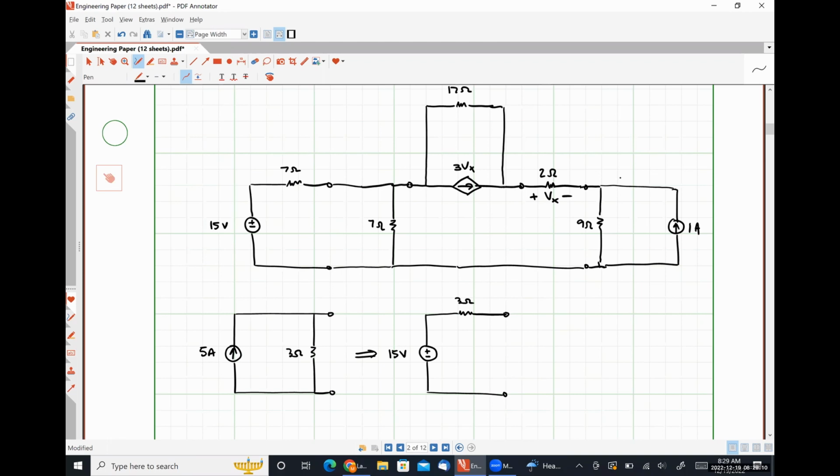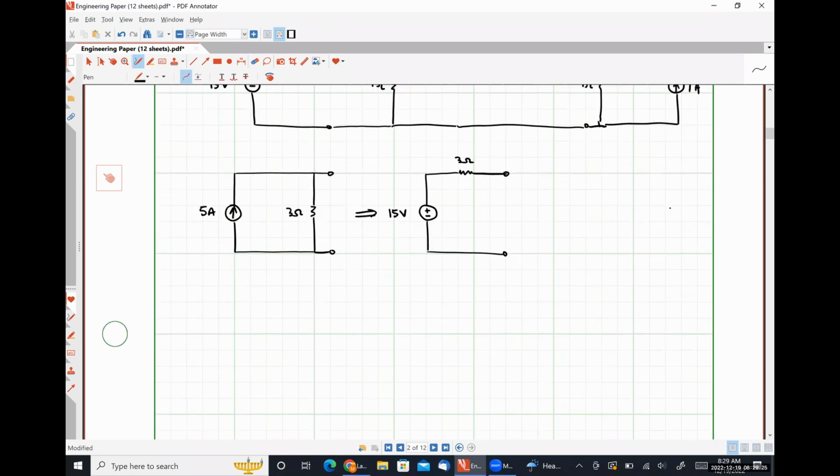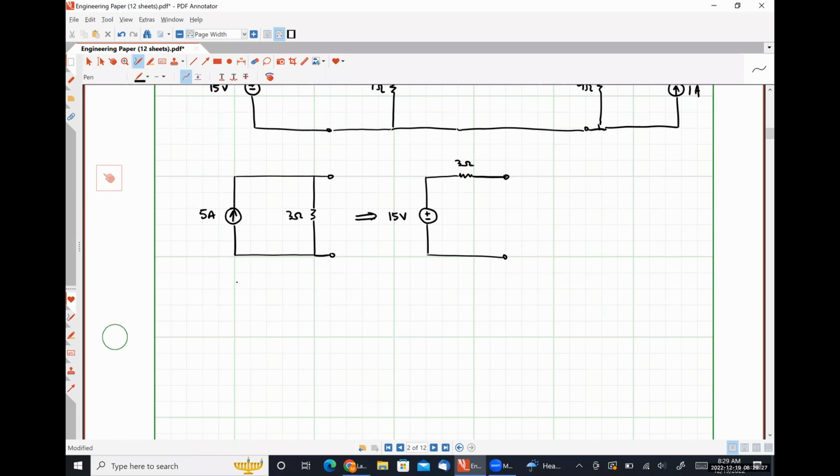So now I'm going to transform that practical voltage source on the left back into a practical current source, because that's going to allow me to put that 7 ohm resistor in the top left in parallel with that vertical 7 ohm resistor, right? So just so that we're on the same page, 15 volts in series with 7 ohms.